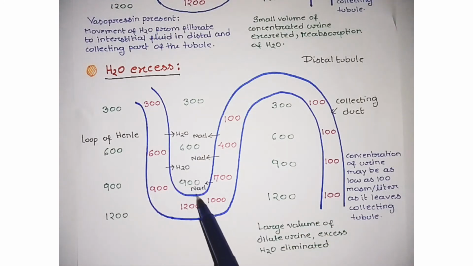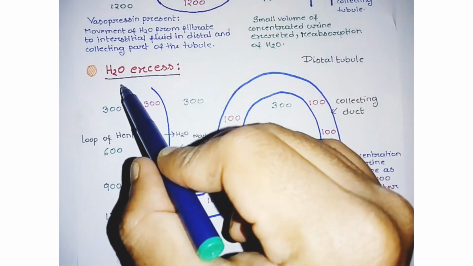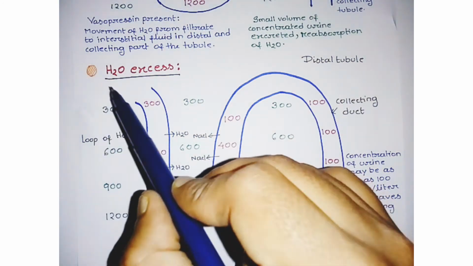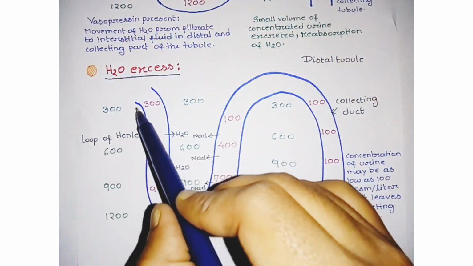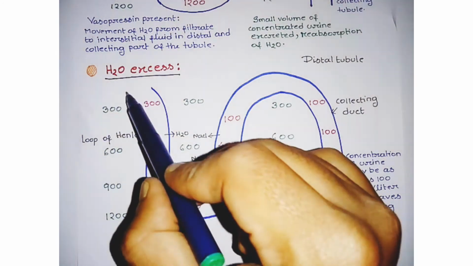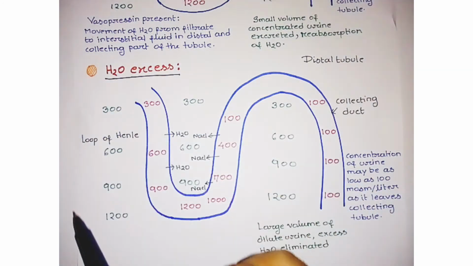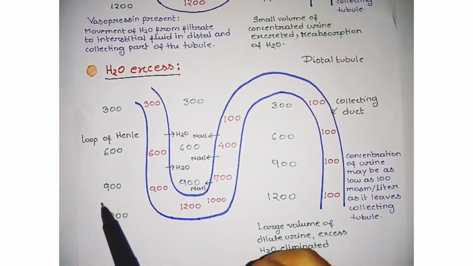As we move towards the deeper part of the medulla, the concentration or osmolarity of the medullary interstitial fluid increases up to 1200 milliosmol per liter.